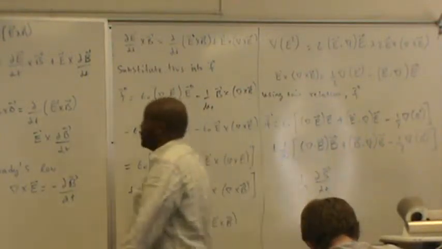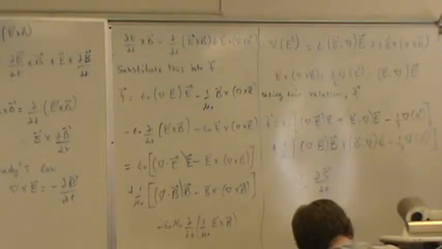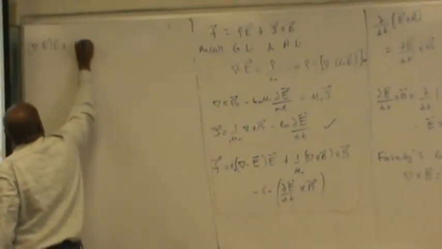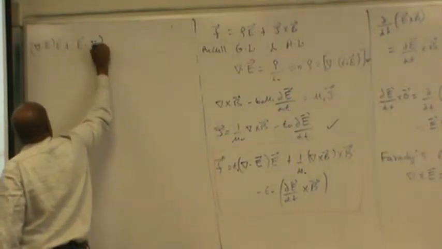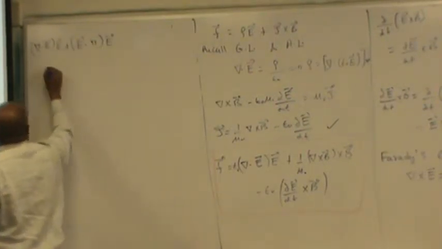So what do you get for that? The divergence of E times the electric field plus E dotted with the gradient times the electric field.